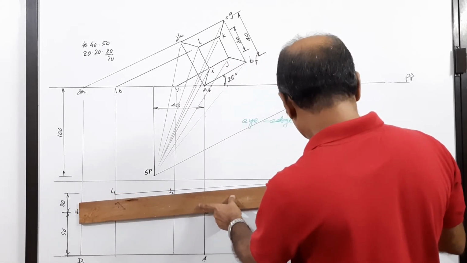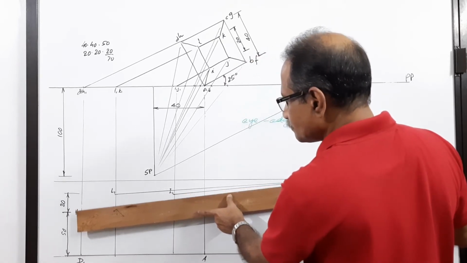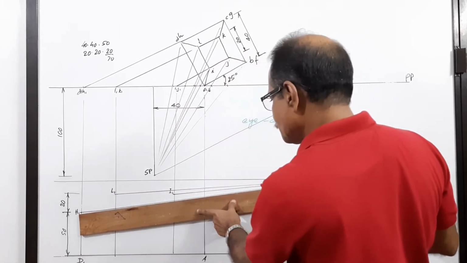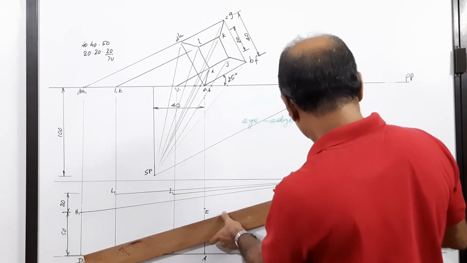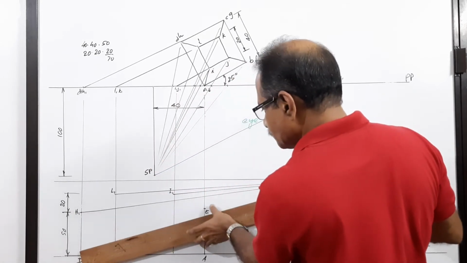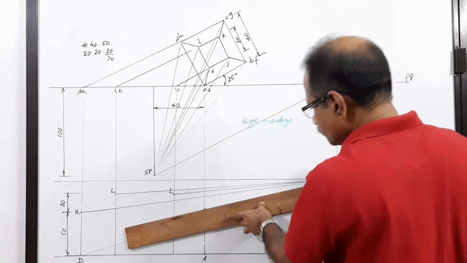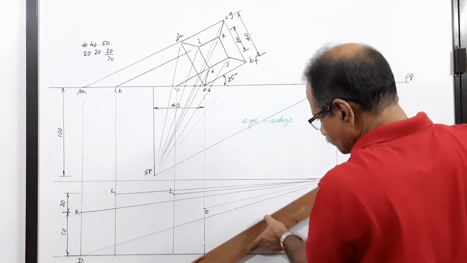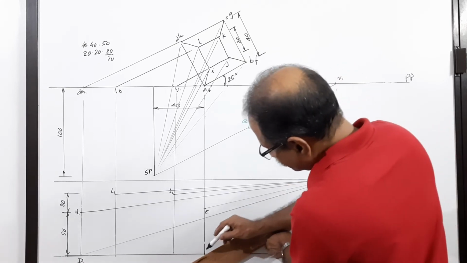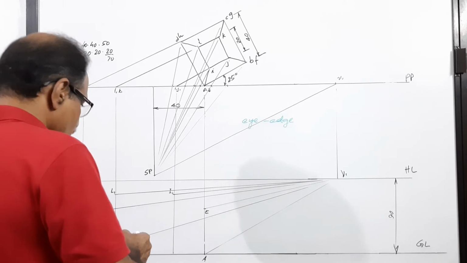L1, I1, H1, D1, E1, A1. All the lines are drawn.